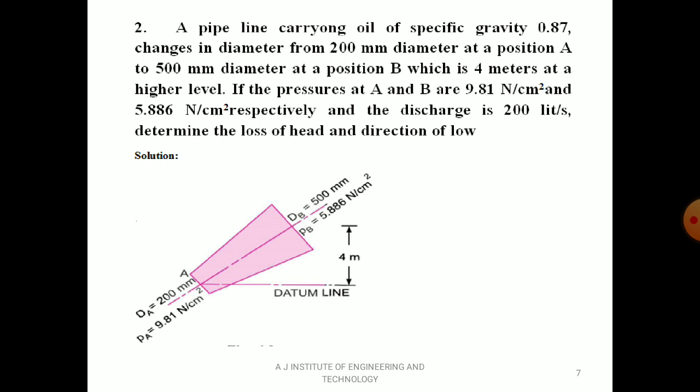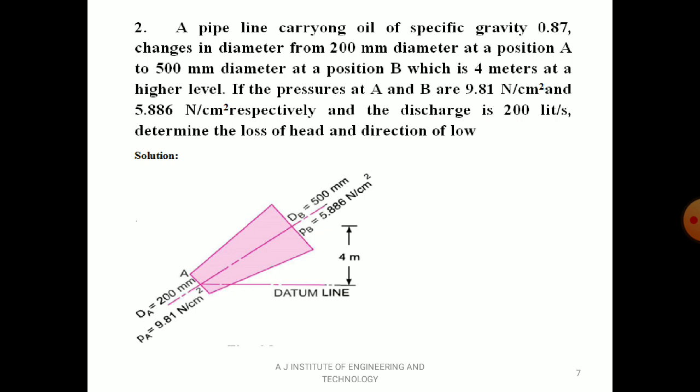Diameter changes from 200 mm at position A to 500 mm at position B, so it is a tapered pipe again. 200 mm equal to 0.2 meter, the smaller value, and 500 mm, the larger value, 0.5 meter. So dA equal to 200 mm, dB equal to 500 mm. B is 4 meters at a higher level.